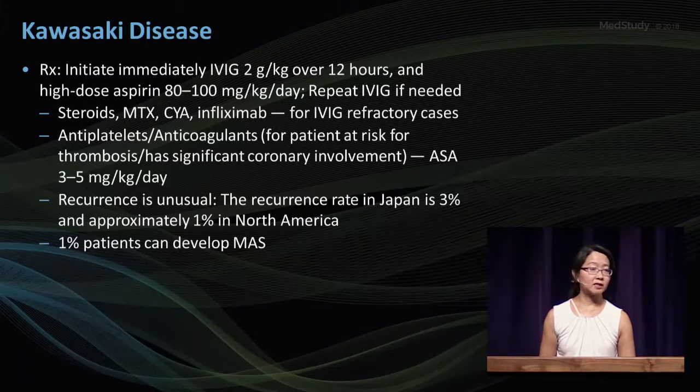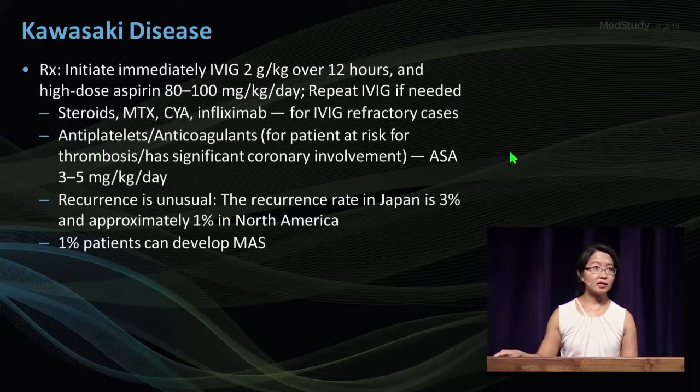There's no higher rate of increased coronary artery aneurysms with using lower-dose aspirin, such as 50 milligrams per kilogram a day. In patients who are refractory to IVIG, they're still spiking fevers, go ahead and give them steroids, infliximab. We also use cyclosporine, methotrexate.